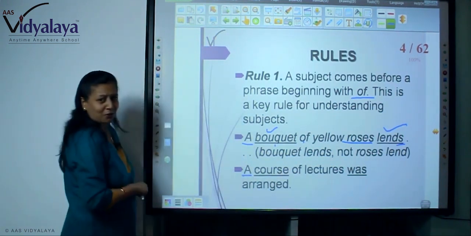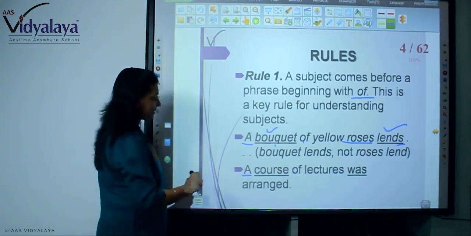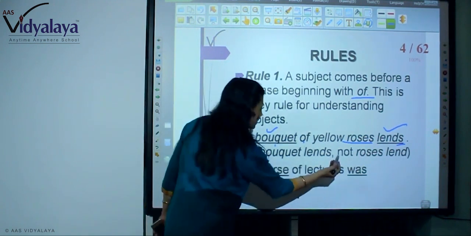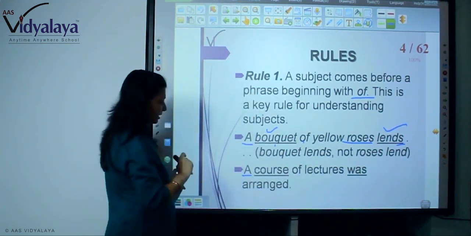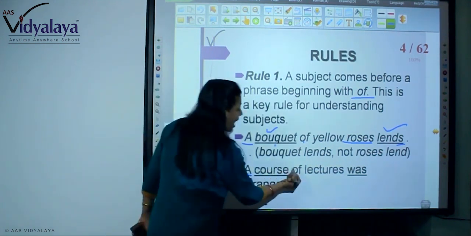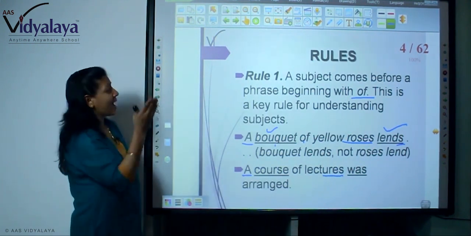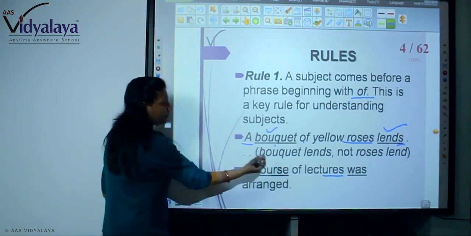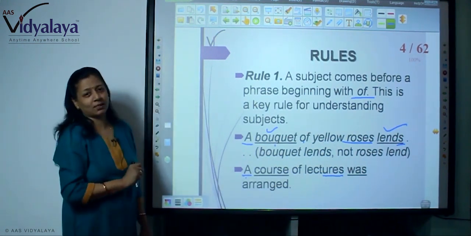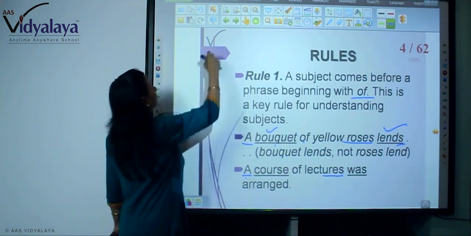With the article a, you come to understand this is a singular thing. A course of lectures, that's why was arranged. It's not were, because after of it's lectures. But I have told you, as the rule says, before of whatever is there, that is your subject under consideration. I hope you have understood.